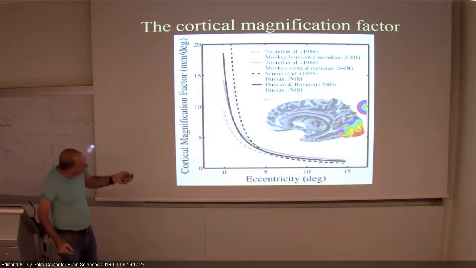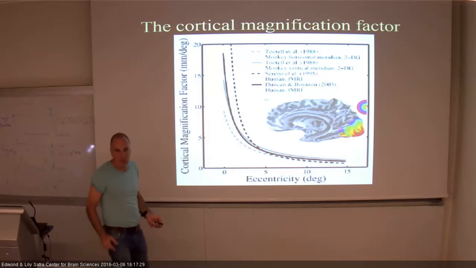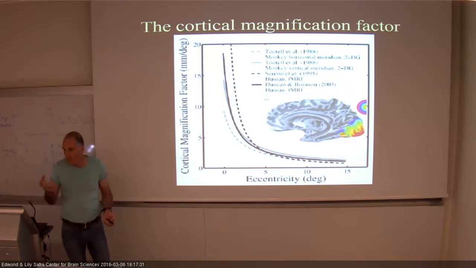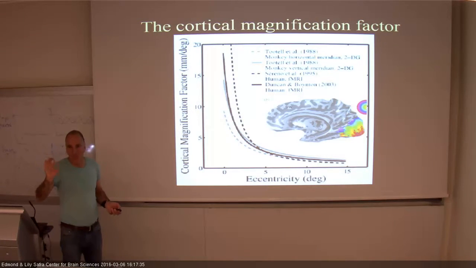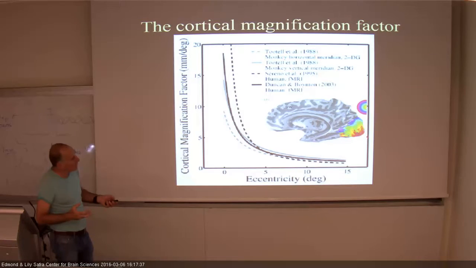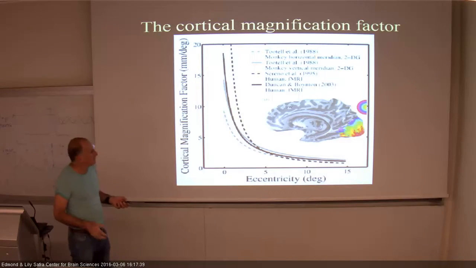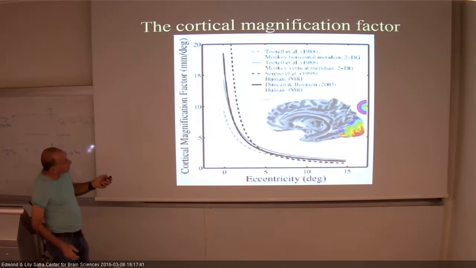And you can see that there's a clear exponential drop showing the magnification. The fovea, central vision, has a much bigger area corresponding to it than the periphery.